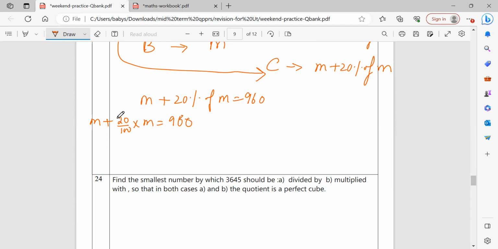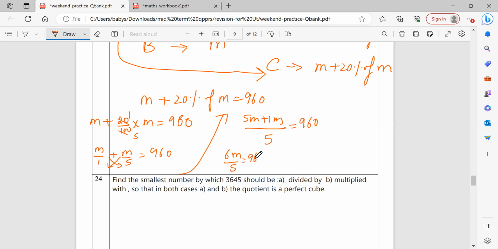That is M by 1 plus M by 5 is equal to 960. So when you cross multiply, taking the LCM, you will get 5M plus 1M upon 5 is equal to 960. 6M upon 5 is equal to 960.